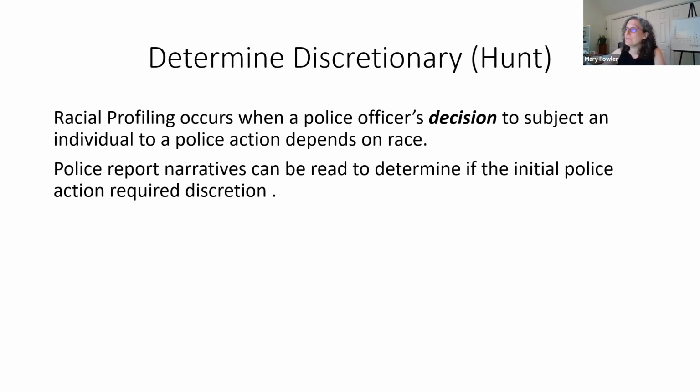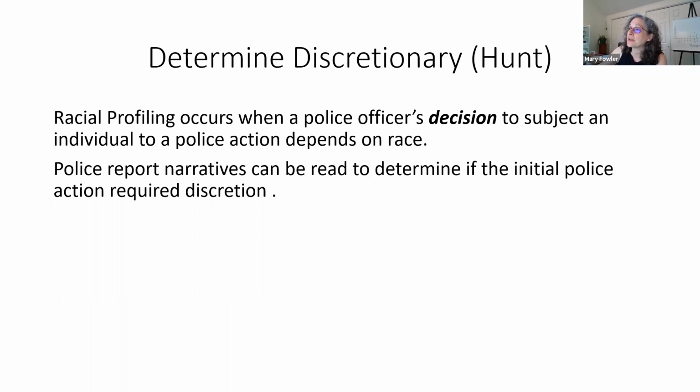So there are some times when police officers are called or are doing their job and the police action they're taking was not discretionary. So for example, if a police officer receives a 911 call or some other call to go to a location to support, then that's not a discretionary choice.